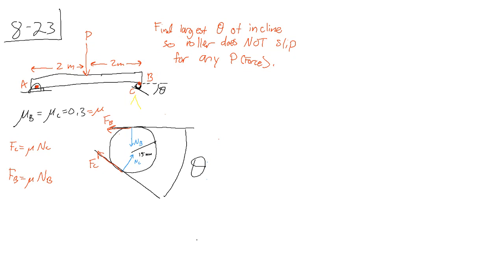Okay. So I think I kind of see what's going on. Some geometry happening. If we draw a line from here straight down, then I think that theta must be the same.